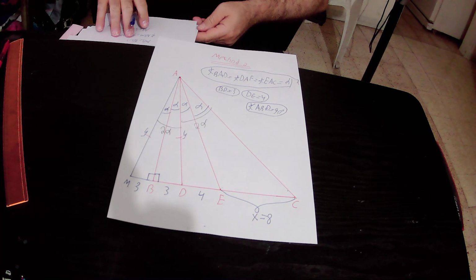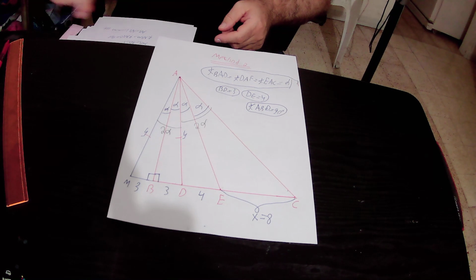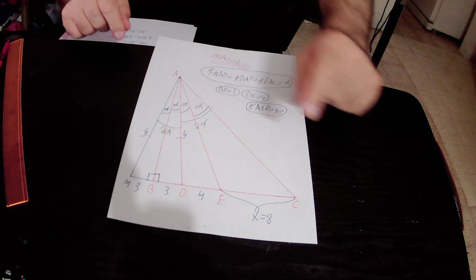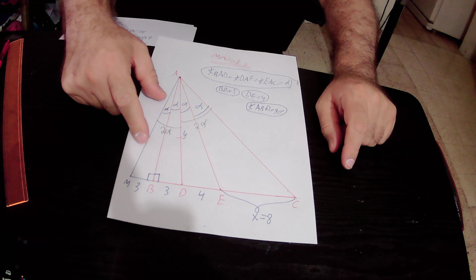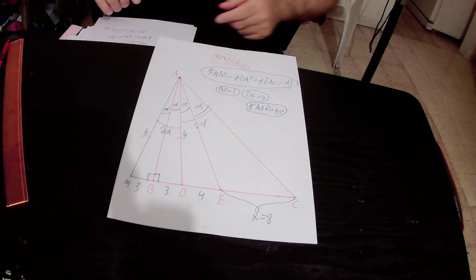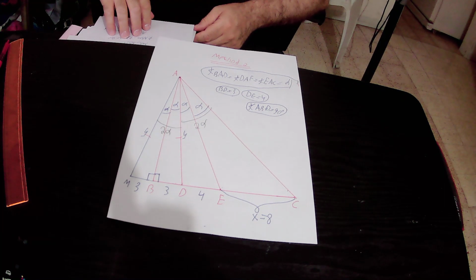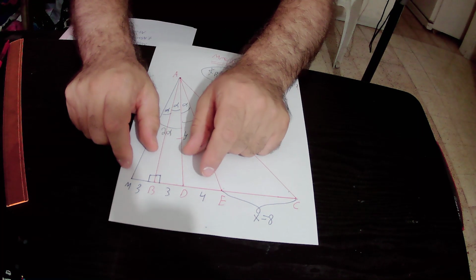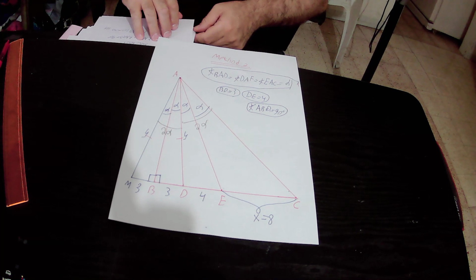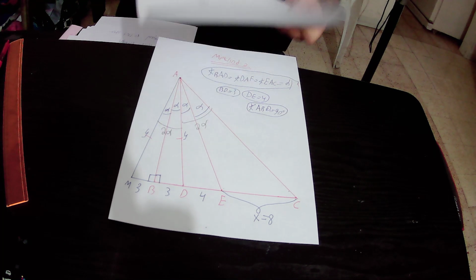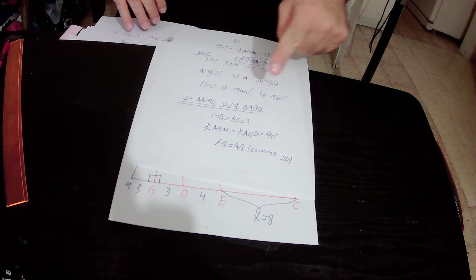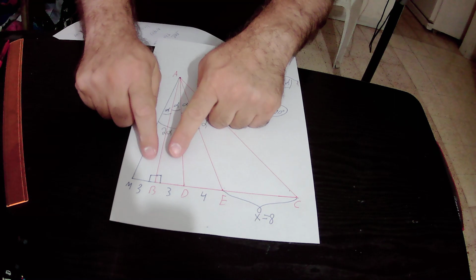Then we proved that the right triangle ABD is congruent to the right triangle ABM. First of all, we have two sides that are equal to each other. MB equals BD equals 3 units. And we also know that those two angles are equal to each other.